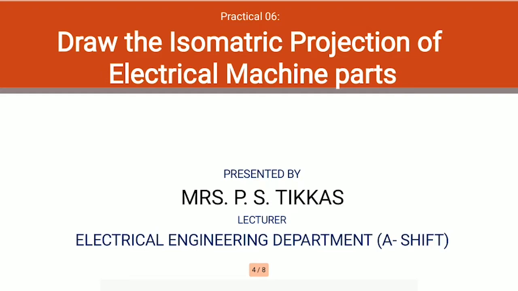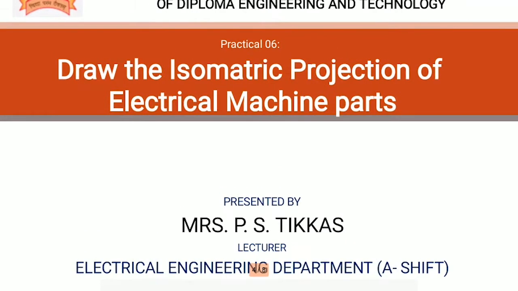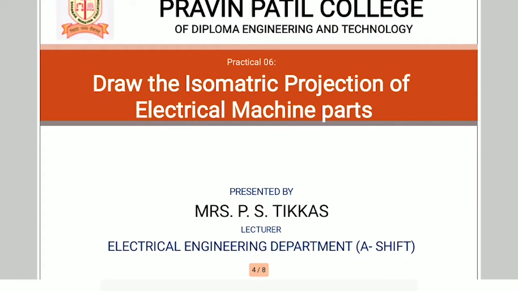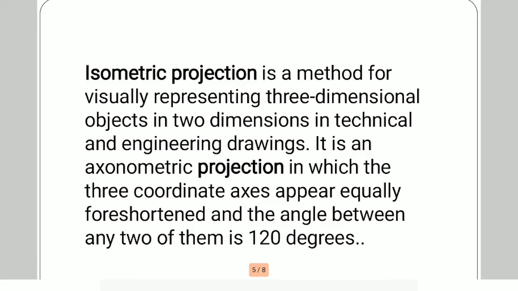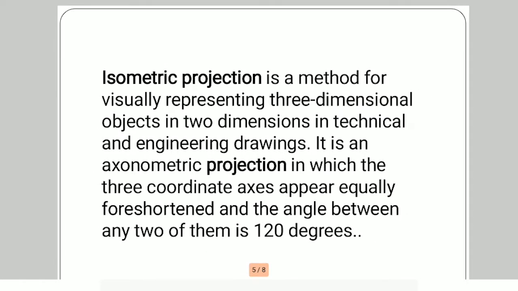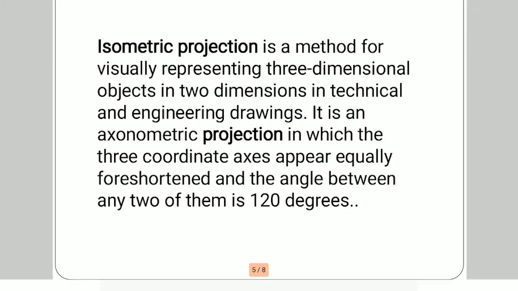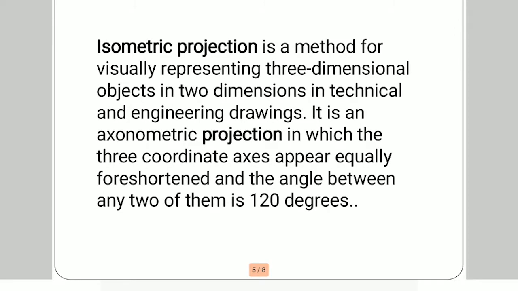Now practical number 6. In practical number 6, again it is an isometric projection of that machine. That means you should draw a 3D diagram of the machine. So what is an isometric projection? It is a method for visually representing a three-dimensional object in two dimensions in technical and engineering drawing.